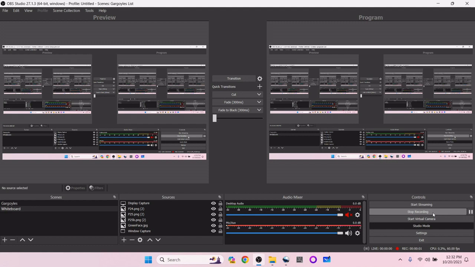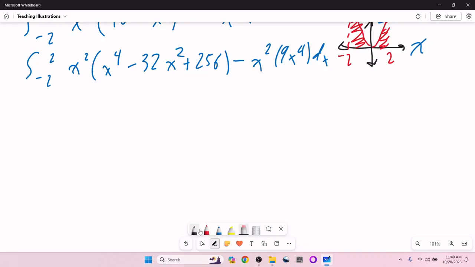Hey, apologies for the kind of awkward cut here. I made some algebra mistakes I had to cut out, so I skipped one step, but I'm sure you can figure it out. Okay, so let's work this out.